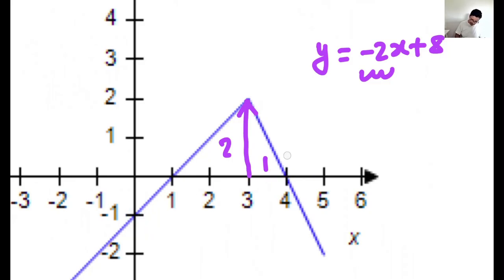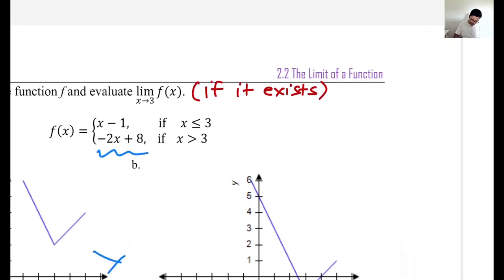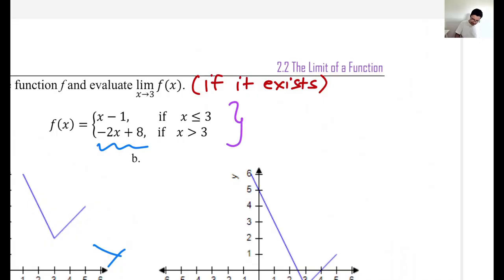So this is the graph. And what you see in this graph, as x approaches 3, they meet here. So the limit is 2. The limit of the function is 2 as x approaches 3. Okay, so my answer is, limit is 2. But can we also see it analytically?